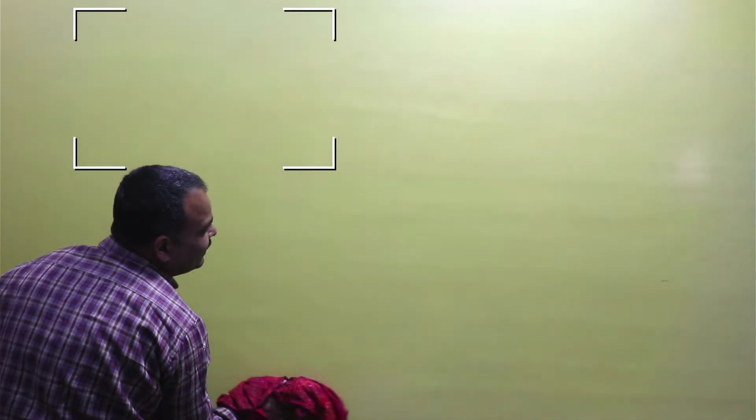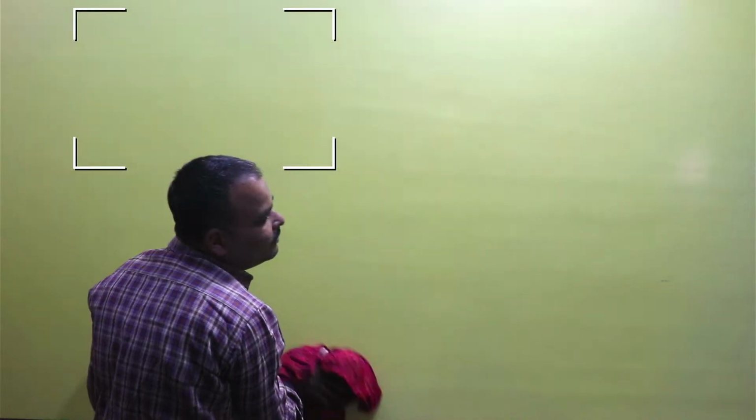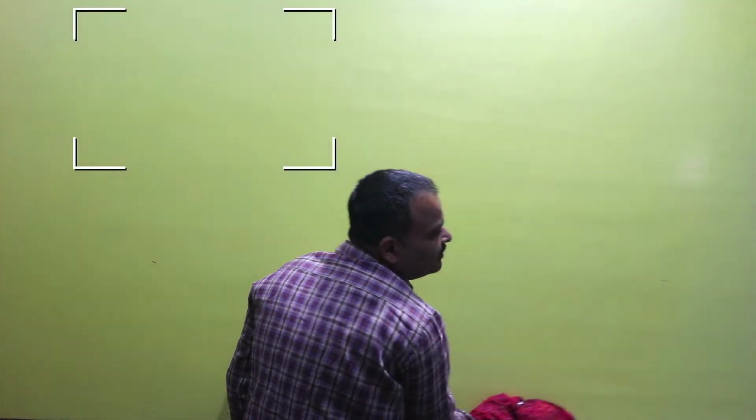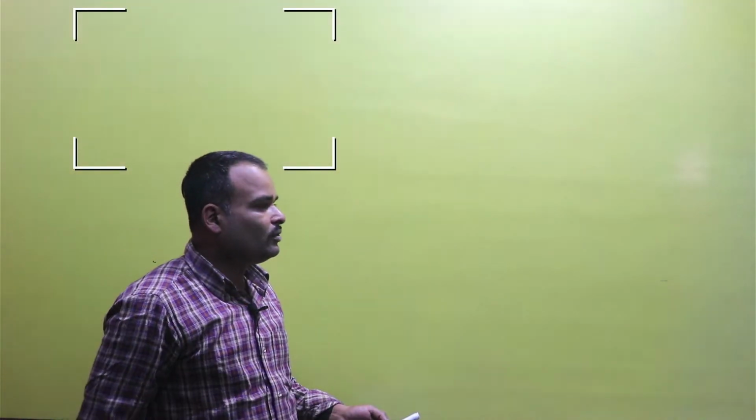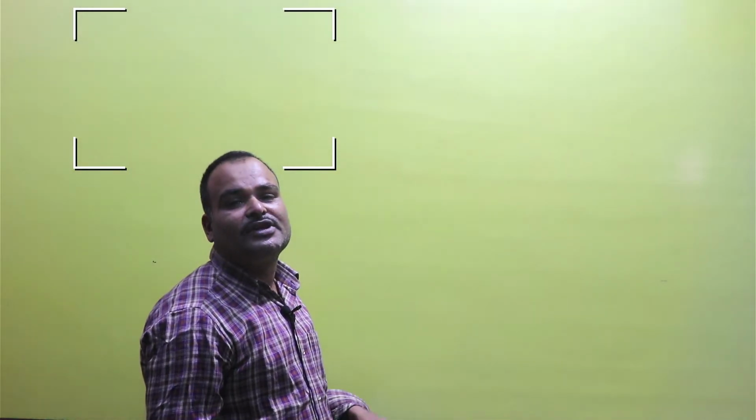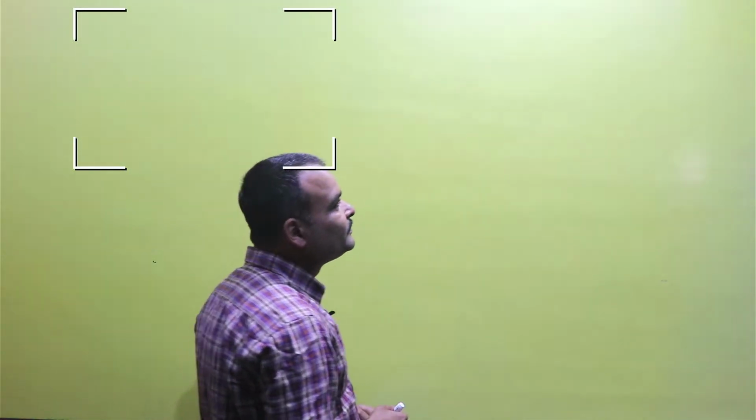Magnitude of resultant vector of two vectors may be determined by two methods: triangle law of addition of vectors and parallelogram law of addition of vectors. Now we will study how we can find the magnitude and direction of the resultant vector of two vectors.